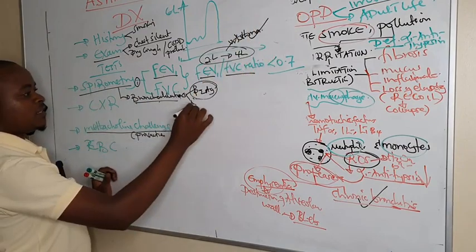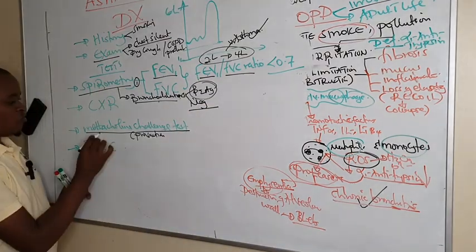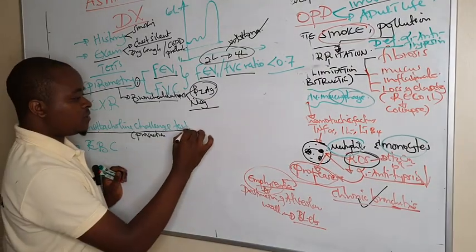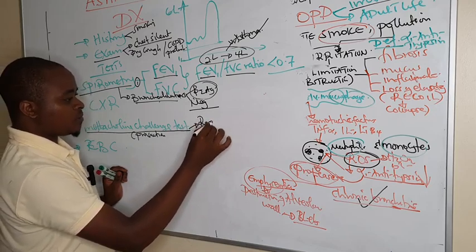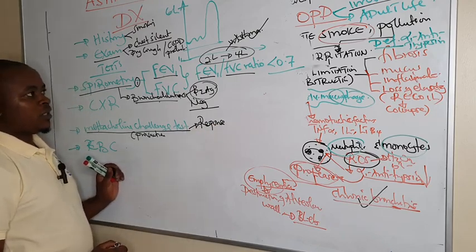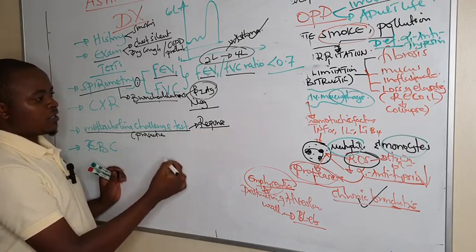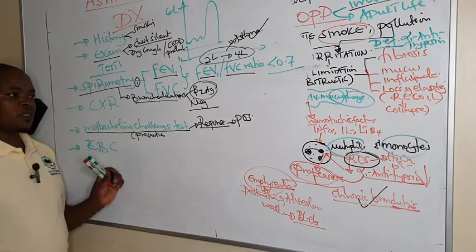When it is negative after giving a bronchodilator, you continue and do the methacholine challenge test. If the test is done and there is a response, we are able to confirm that the patient is positive.